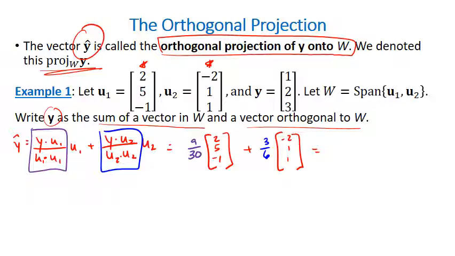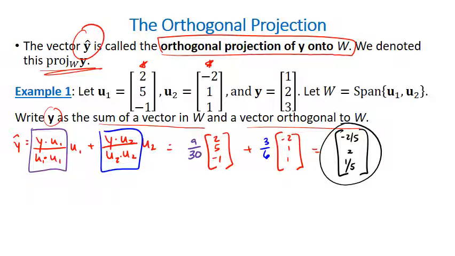And then I can find the sum of these, which gives me -2/5, 2, 1/5. Okay, so that is y hat.